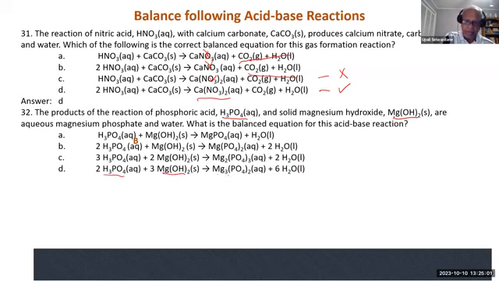This one is correct. This one is correct. 6, 12 waters. 12 hydrogen, 6, 12 times 2. That's 6. That's 3 times 2 is 6. That's the correct answer. This one is not balanced.